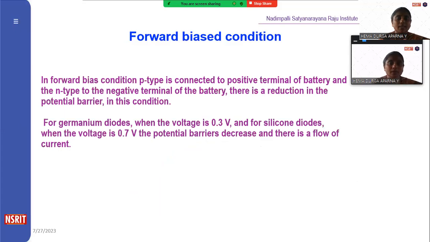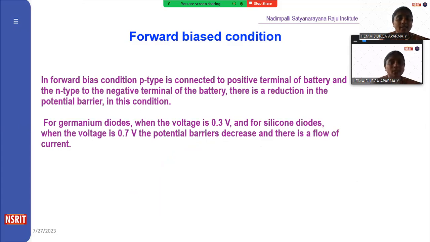In the forward bias condition, forward biasing means the positive terminal of the battery and the anode of the diode are connected, and the negative terminal of the battery is given to the cathode terminal of the diode. Then we can say that the diode is forward biased.